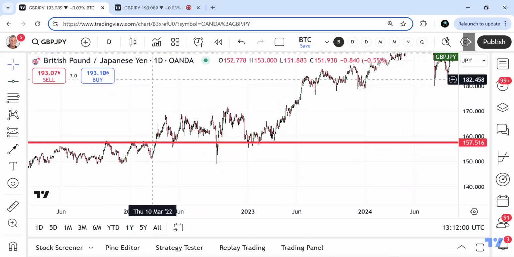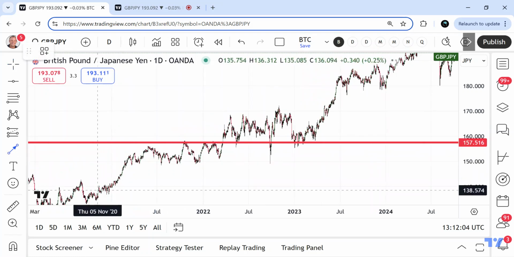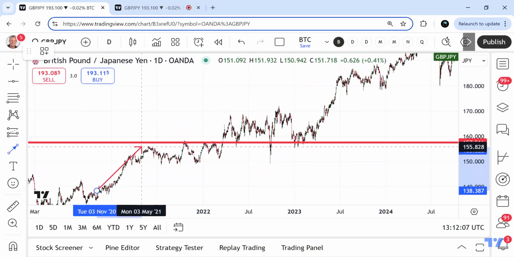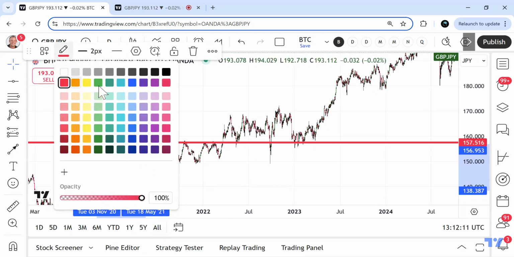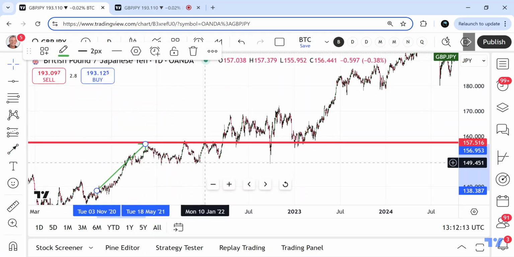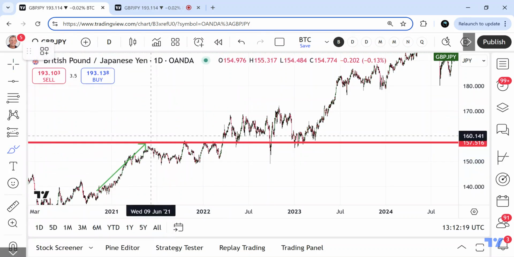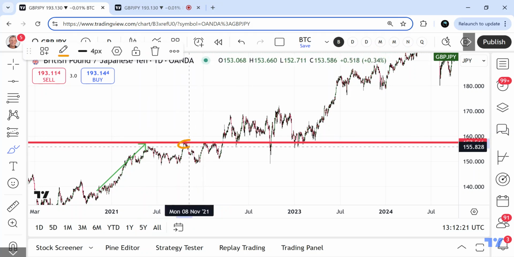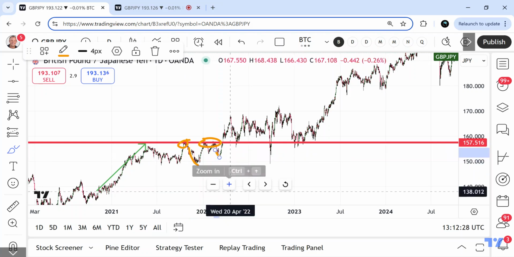And as you notice, the one thing I noticed when I started trading earlier is that the market will generally come up to resistance, and then that resistance will eventually become support. So as you notice here, the market hit this level here, and pushed each of these markers down.